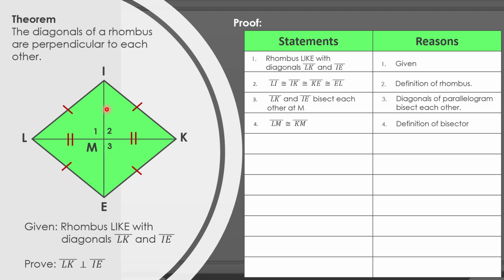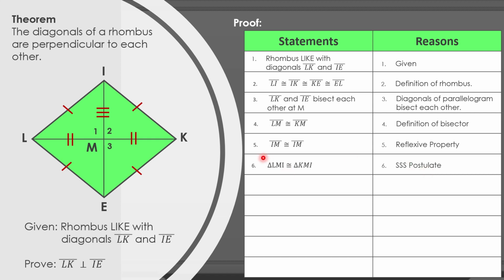So we have here two pairs of congruent sides. Let's have another one to prove that the triangles are congruent. So we have IN is congruent to IN by reflexive property. So if you notice, we have here side, side, side and side, side, side congruent. So it means that triangle LNI is congruent to triangle KNI for the reason of the SSS postulate.